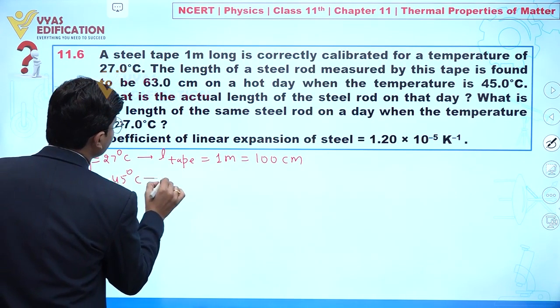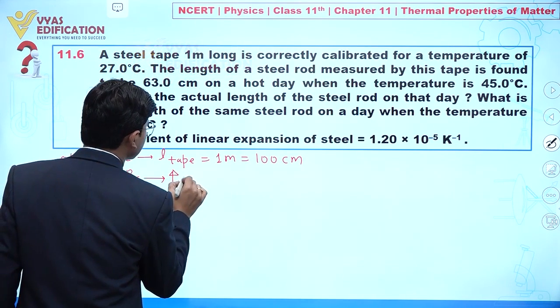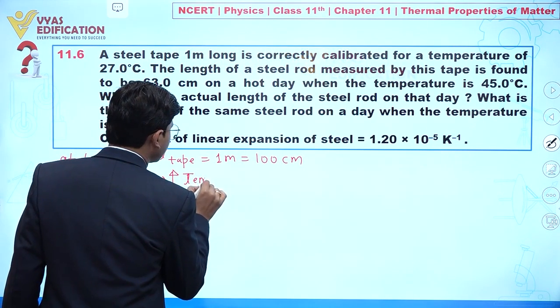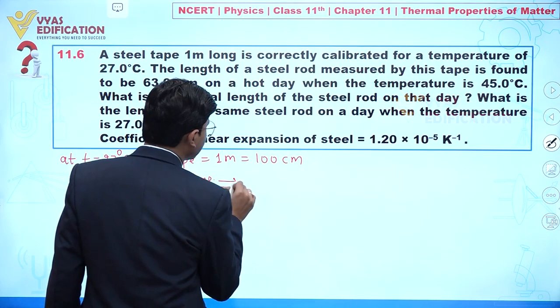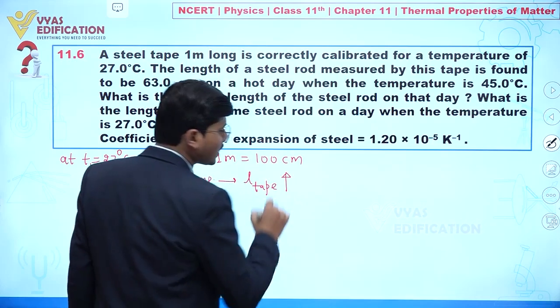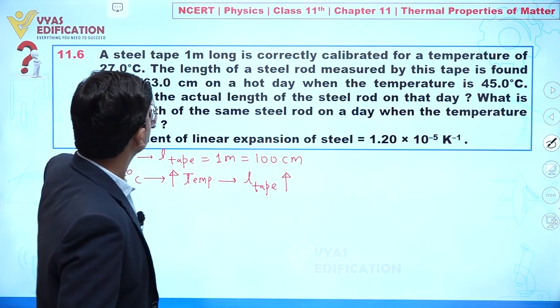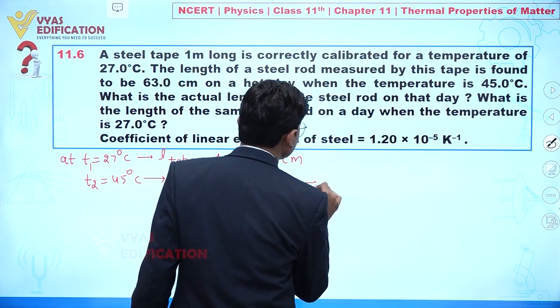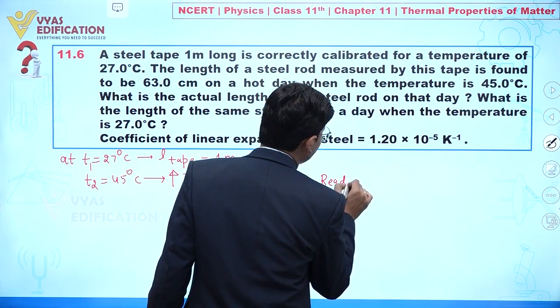At 45 degrees Celsius the temperature is increasing. When temperature increases, the length of the tape also increases, clear? So the tape that is measuring that steel rod increases.